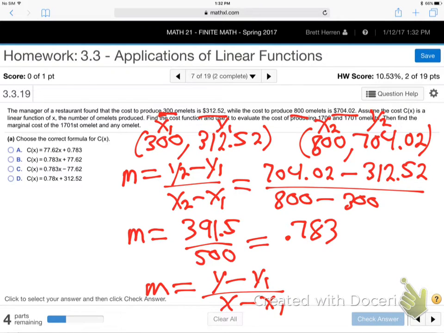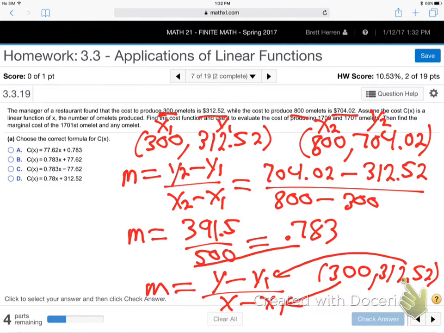I could take the 300, 312.52, for example, and plug it in for x1, plug this in for y1, and plug this in for the slope. I could have used the other point as well. It'll work with either one. Remember that from last time? Is that making sense? So it's what we did on the last one.